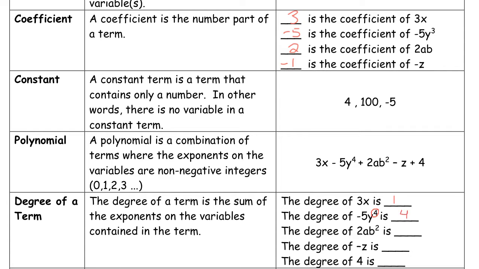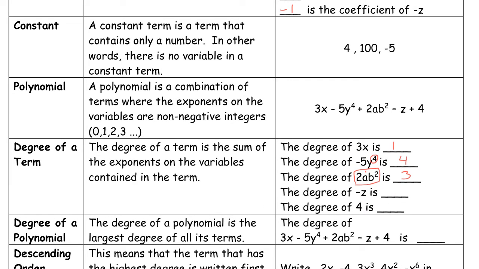The degree here is a bit tricky because we have two variables, and we don't see this very often, but we have a 1 on the a and a 2 on the b. So this is actually degree 3. You do add those together. The degree of -z is 1. And the degree of 4, we say, is degree 0.